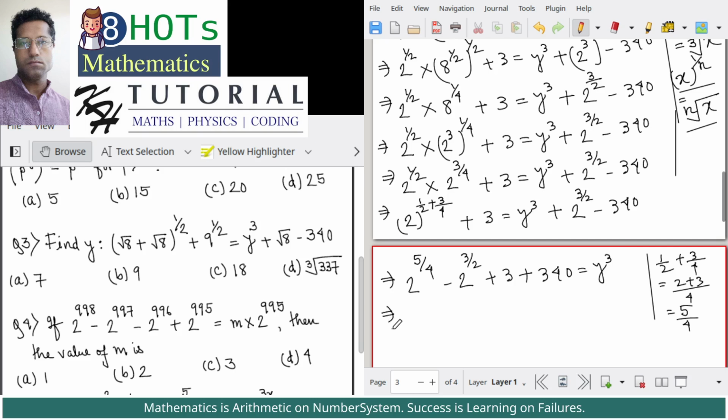This implies 3 by 2 plus 1 by 4, 2 cube. How much is 2 to the power 5 by 4 minus 2 to the power 3 by 2?